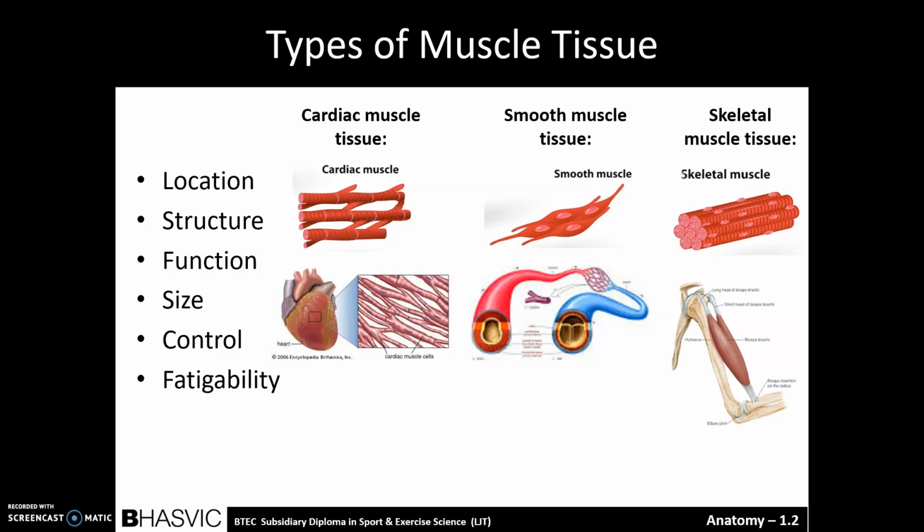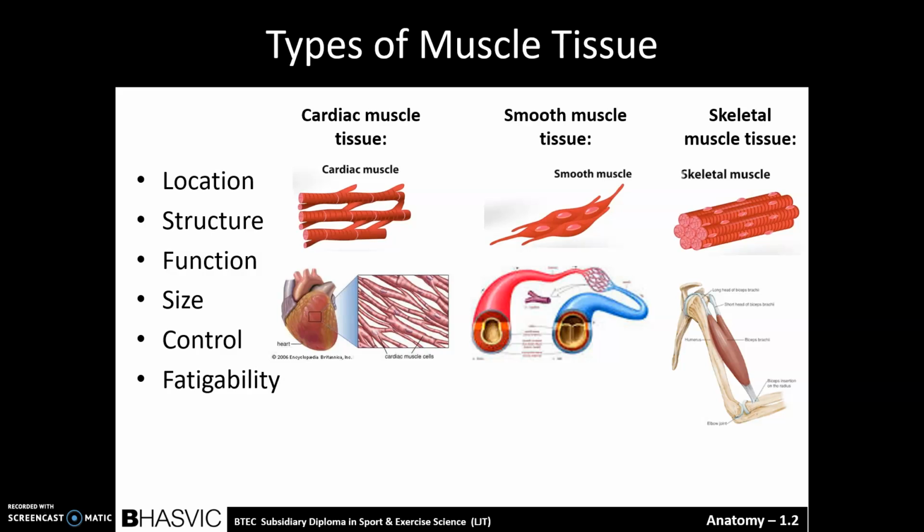Next is fatigability. Firstly, cardiac muscle has a slow rhythmic contraction speed, so it isn't fatiguing if it has an oxygen supply. As it's slow working, it means it can rely on aerobic respiration to create enough energy to contract the heart.